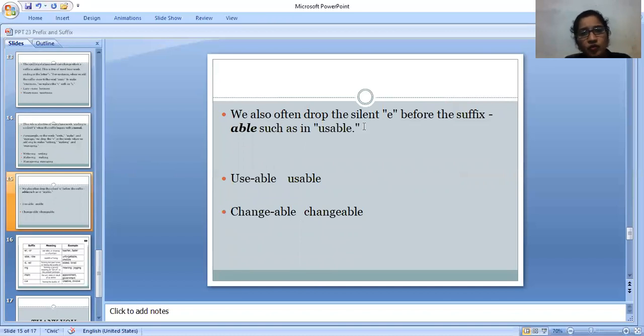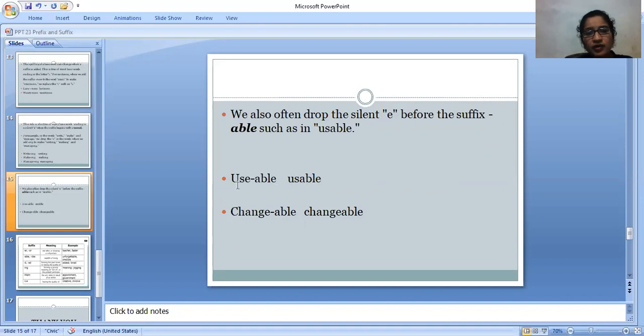Then we also often drop the silent E before the suffix able, not only ing. When you add the suffix able, mostly, not every time, you can skip this letter E. For example, here you can see use, the base word, and when you add the suffix able, in this created word E is dropped.